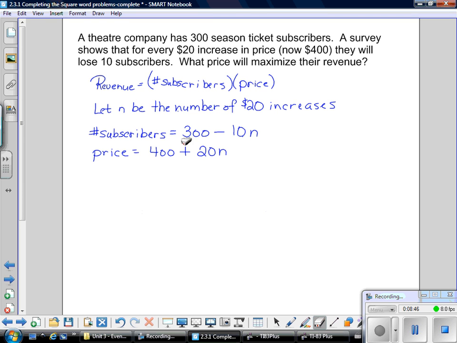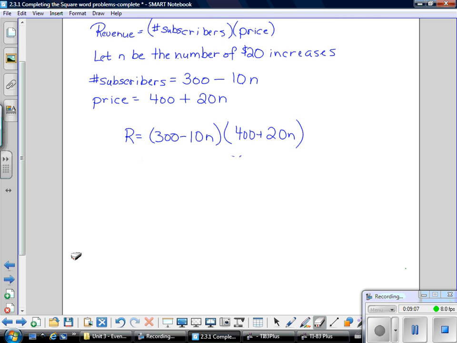So my revenue, remember, is the number of subscribers times the price. So here's my number of subscribers. My revenue is going to be the 300 minus the 10n, and my price is going to be the 400 plus 20n. What's different about this one is it's actually in almost factored form.